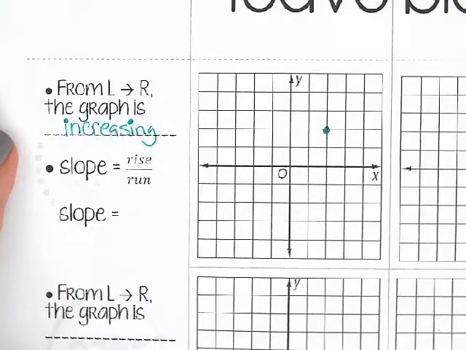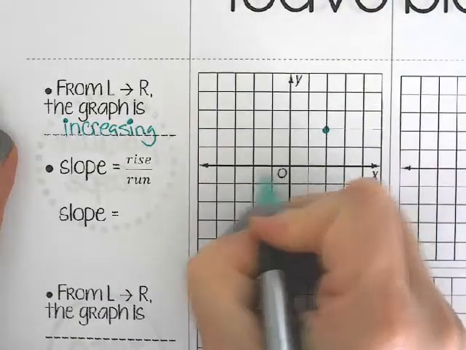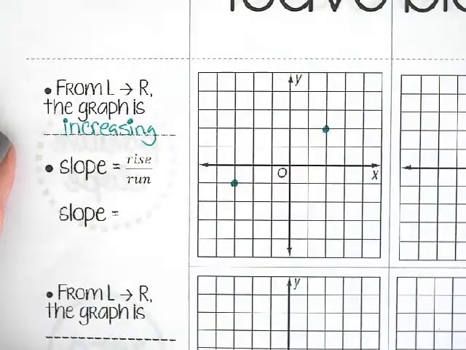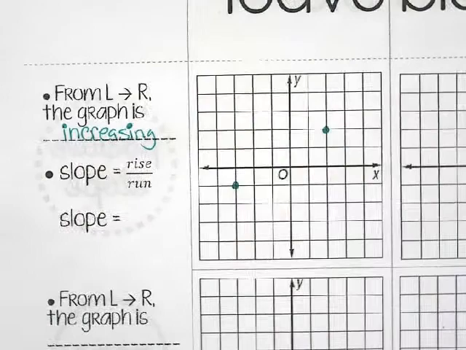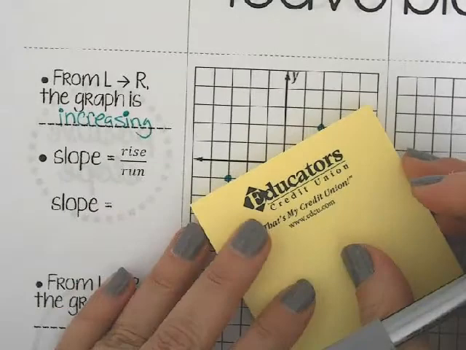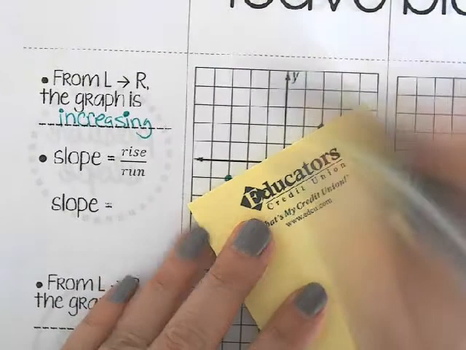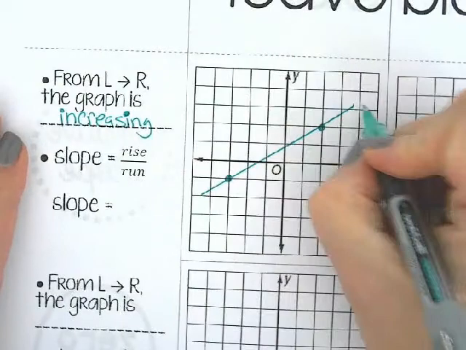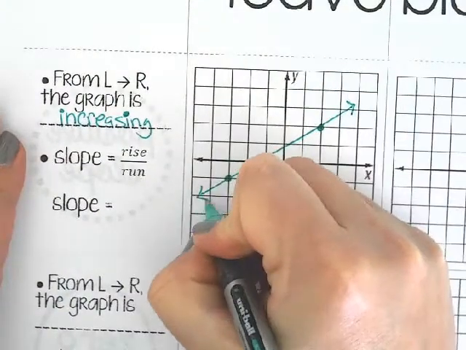And I'm also going to pick point -3, -1. I need to use a straight edge to draw a line through those 2 points. So I'm just going to use my sticky notes here. I'm going to put arrows at the end of my line.